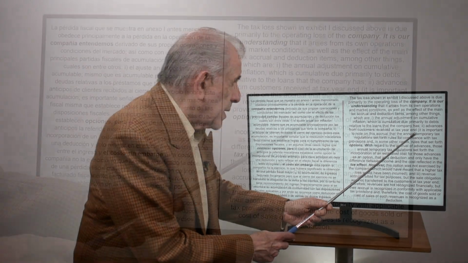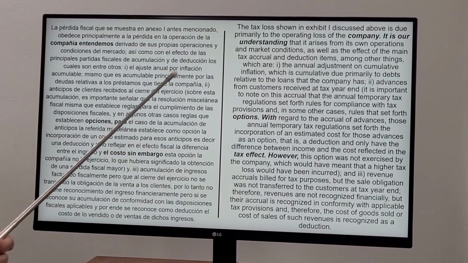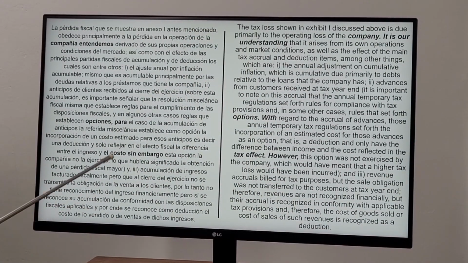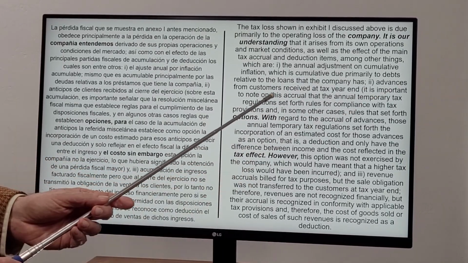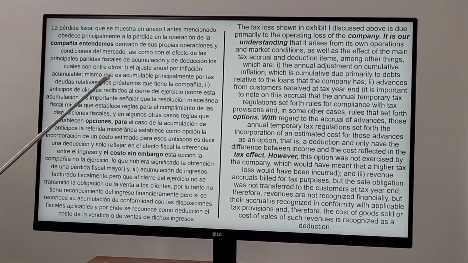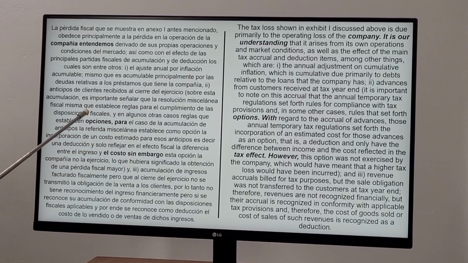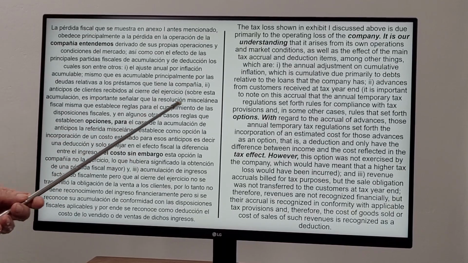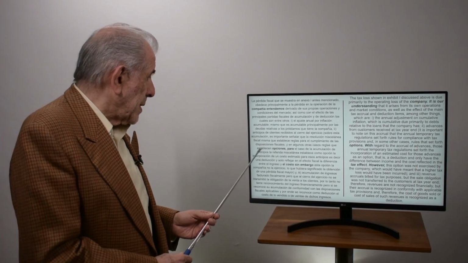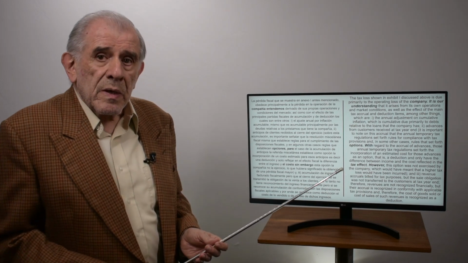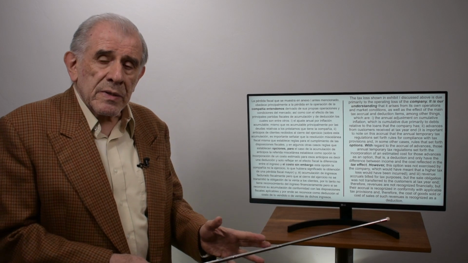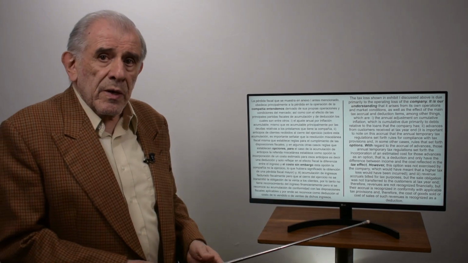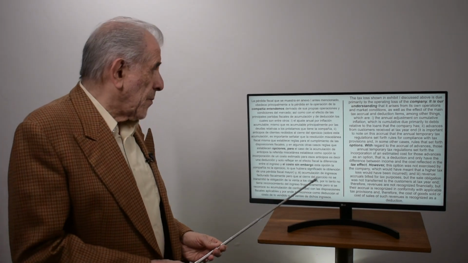And we continue. And here it says, it is important to note on this accrual. What I did here was, sobre esta acumulación, I placed this after, es importante señalar. It is important to note on this accrual, and then we continue that. We come to la resolución miscelánea fiscal, which means, which we talk about, annual temporary tax regulations, which are issued every year in Mexico.